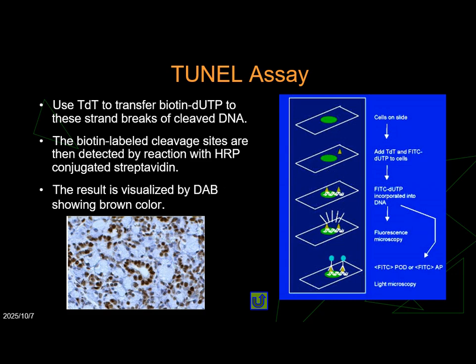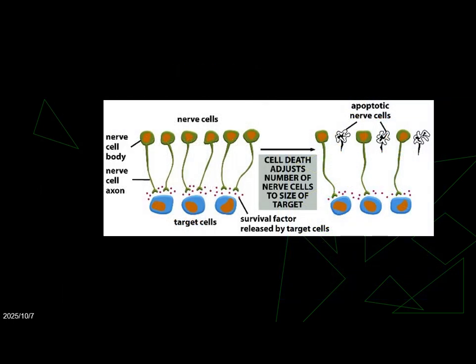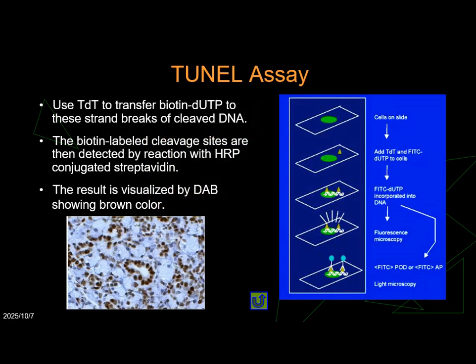You can quantitate. This is not a protein assay. It's labeling using the TUNEL assay. It looked like a protein assay, but it's not. It's the TUNEL assay. It's labeling the nucleic acid.